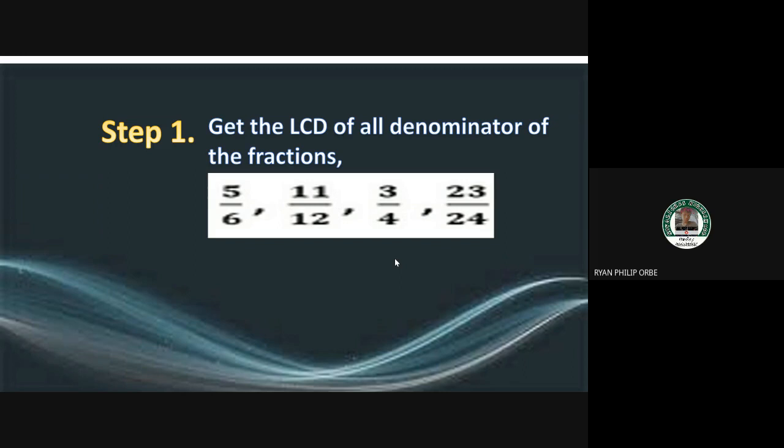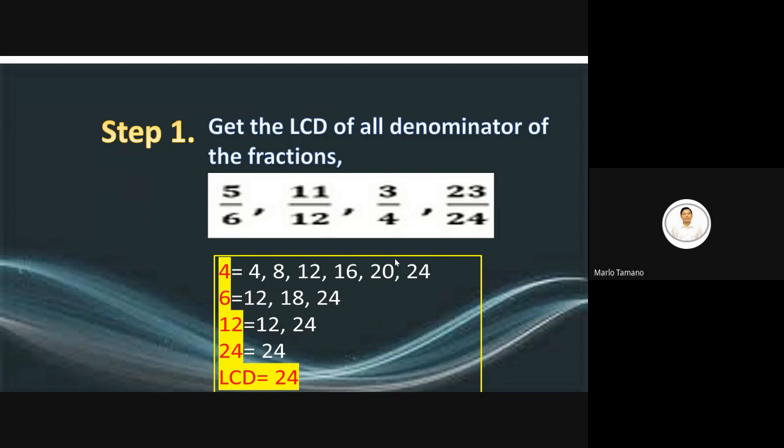Now, for LCD, we will apply the multiples. Multiples of 4, 6, 12, and 24. So multiples of 4: 4, plus 4, 8, plus 4, 12, plus 4, 16, plus 4, 20, plus 4, 24.